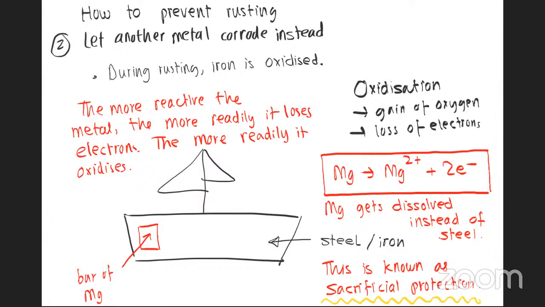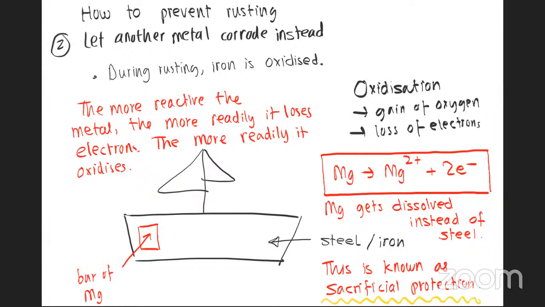I mean, this subtopic. So this subtopic basically talks about rusting, what rusting is, and the chemical reaction for rusting, and secondly it talks about how to prevent rusting. There are two methods. First method is to cover iron by painting, greasing, or by coating it with another metal. And the second method is to let the other metal corrode instead.